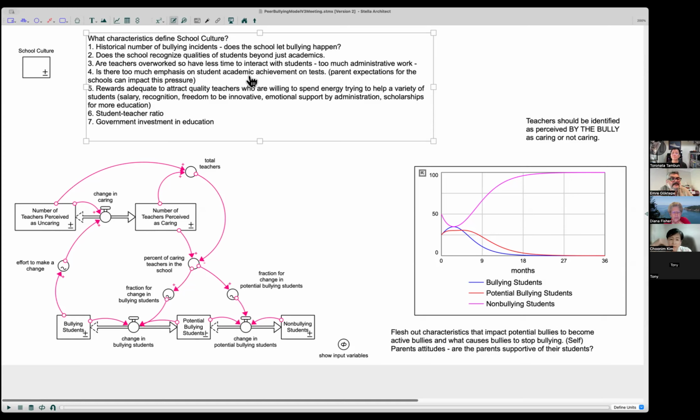If they feel pressured to get the students to perform at a certain academic level, again, there's going to be pressure on the teacher. They're just going to get tired and they're not going to want to change. A lot of this has to do with number 3, teachers are overworked.